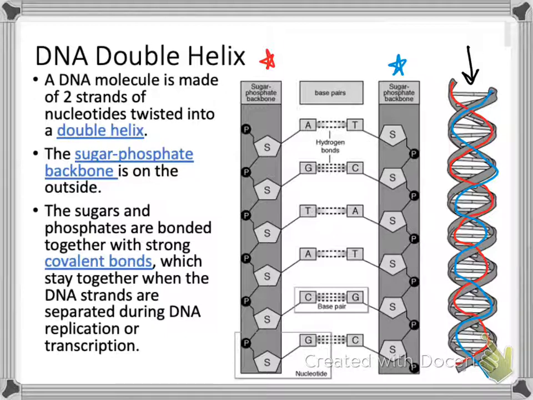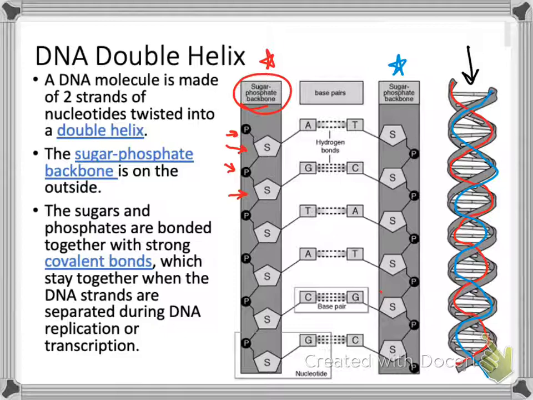That is what we call the sugar phosphate backbone, okay? So the sugar phosphate backbone is what's in this gray box. And you'll notice that it goes, in this case, phosphate, sugar. And it just keeps repeating that pattern over and over again, and that is why it is called the backbone.